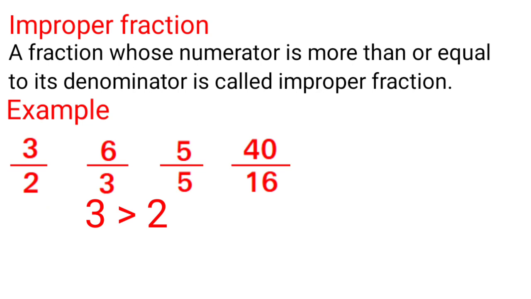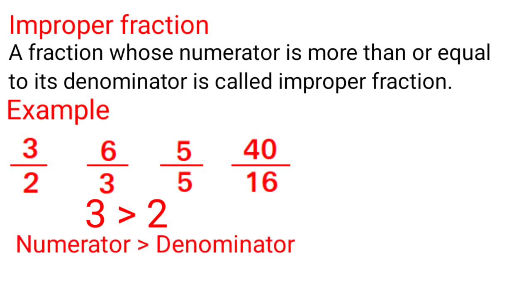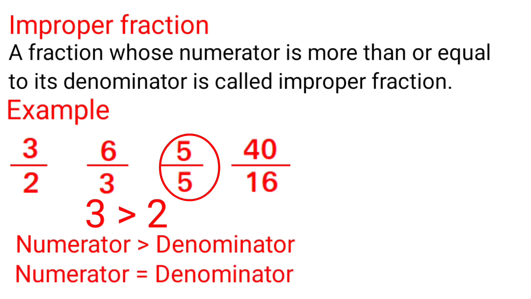That means the numerator is greater than the denominator. Another example is 6 by 3 and also 40 by 16. One more example of an improper fraction is 5 by 5. Here the numerator and denominator are equal. So all these are improper fractions.